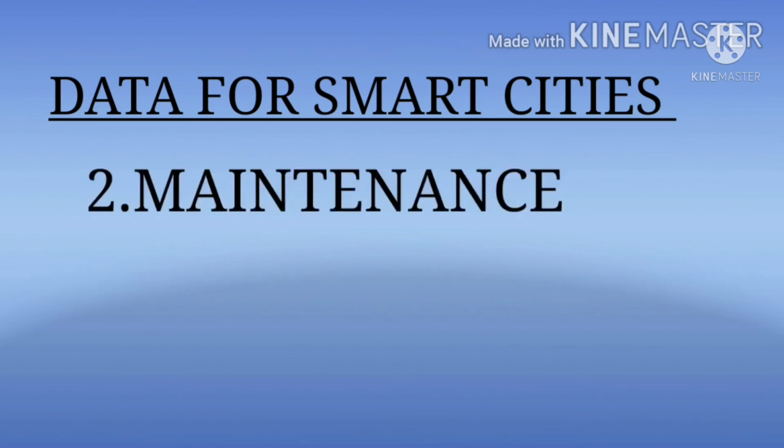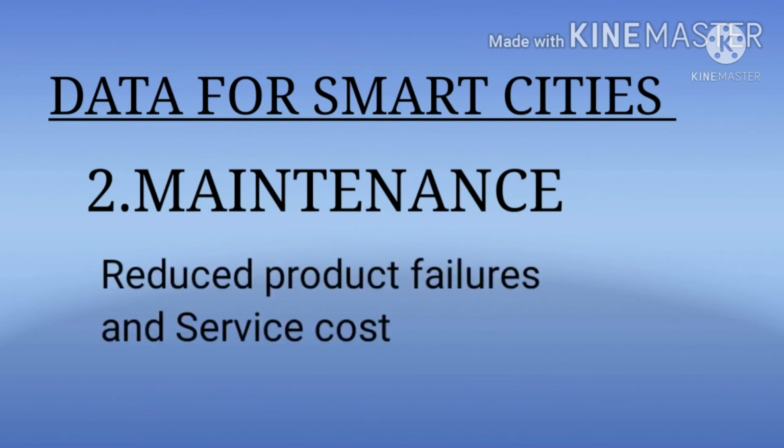And the next one is maintenance. That means smart buildings are capable of self monitoring. They are able to identify when some of their products need servicing and replacement. And children, we know that if a device is maintained on a regular basis, we can reduce the cost of service. And the next one is health.